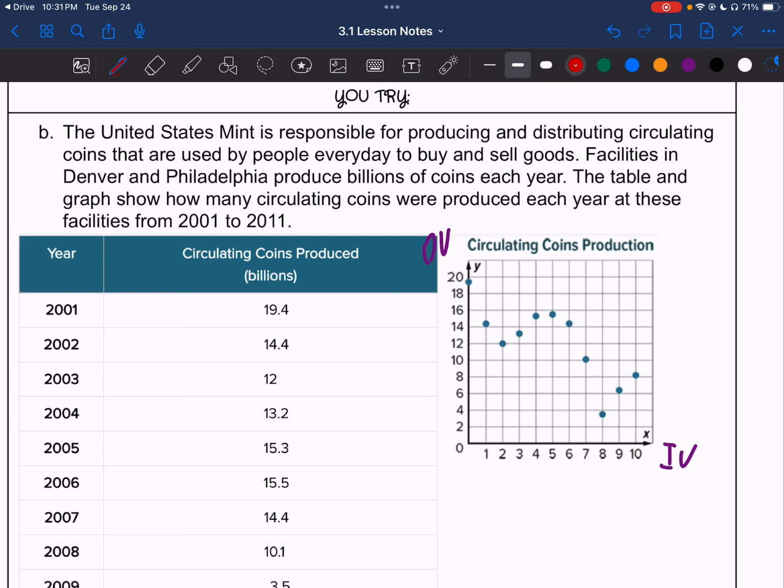So let's look at our x-axis. Our x-axis, and we don't have a scale printed here, but if we look at x right there, x is going to be our years, and that's years after 2001.